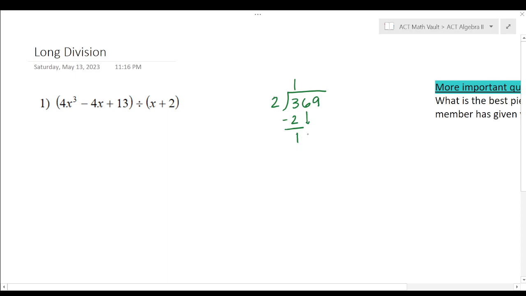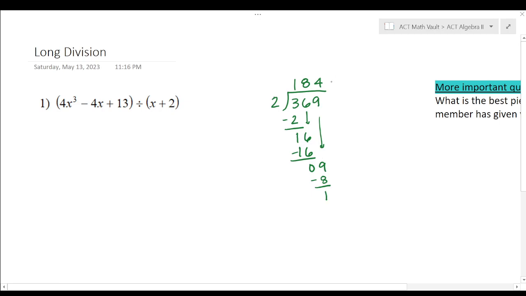Then remember, you have to pull this 6 down. 2 does not go into 1, but it does go into 16, so you have 8 times 2 is 16. We're going to subtract off 16 this time. We get a 0, bring down the 9. Now 2 into 9 is 4. But then remember, once we get to the end of the line here, we could have a remainder.